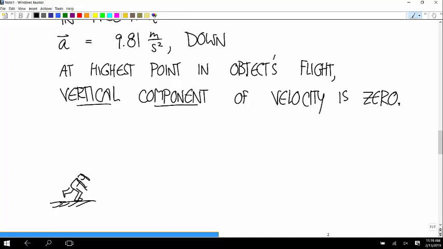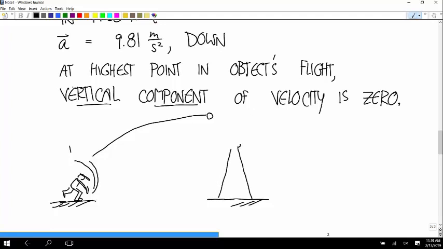So this baseball player just chucks this ball. Here's the ball. And you've identified where the highest point is going to be, so you set up a ladder and you stand up there and you just wait.